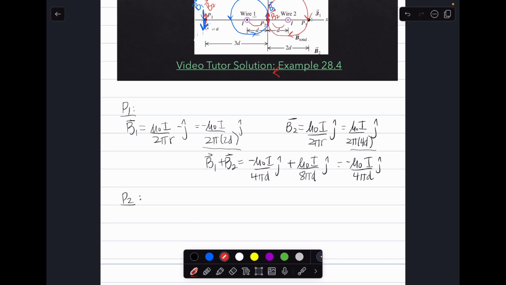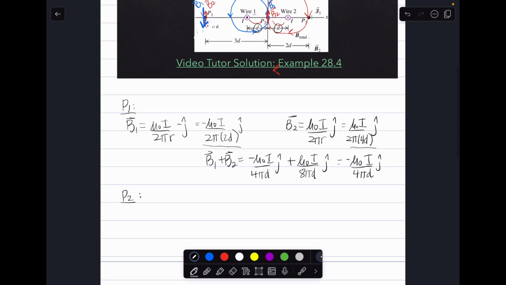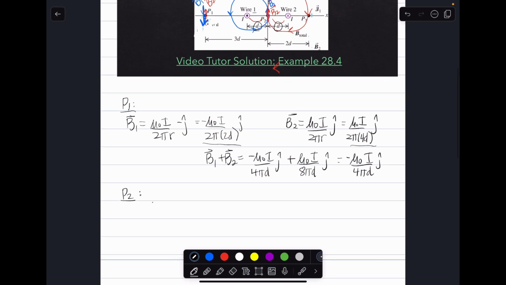Let's check the magnitudes. Well, the magnitudes are going to be equal as well because they are the same distance away from the point, okay? And then the magnitudes of the current are equal. So B1, I'm just going to go ahead and replace R with D. It's in the positive j. B2 will be the same.